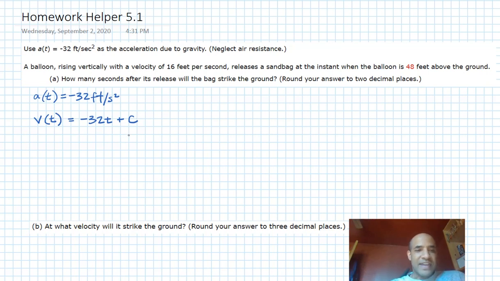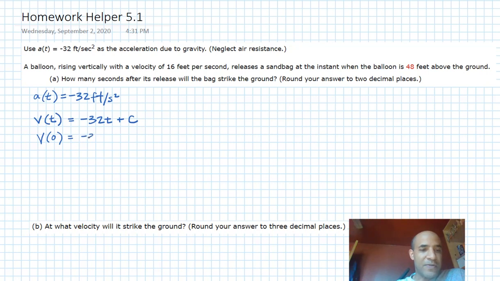C would actually be the initial velocity of the object. What was it, a bag they dropped? Yeah, sandbag. It's going to be the initial velocity of our sandbag. So the balloon was already rising at 16 feet per second. So the initial velocity of the sandbag, right when it was let go, is that same 16 feet per second as the balloon was rising. So initial velocity, meaning at time 0, right?